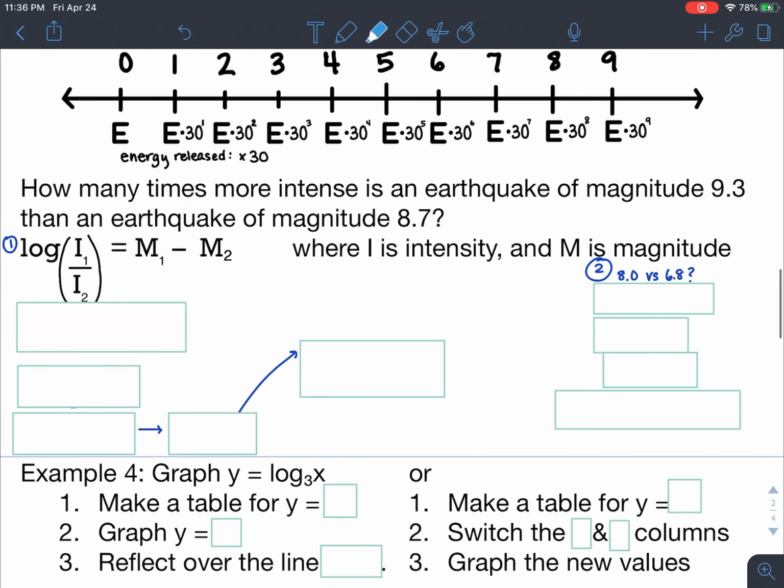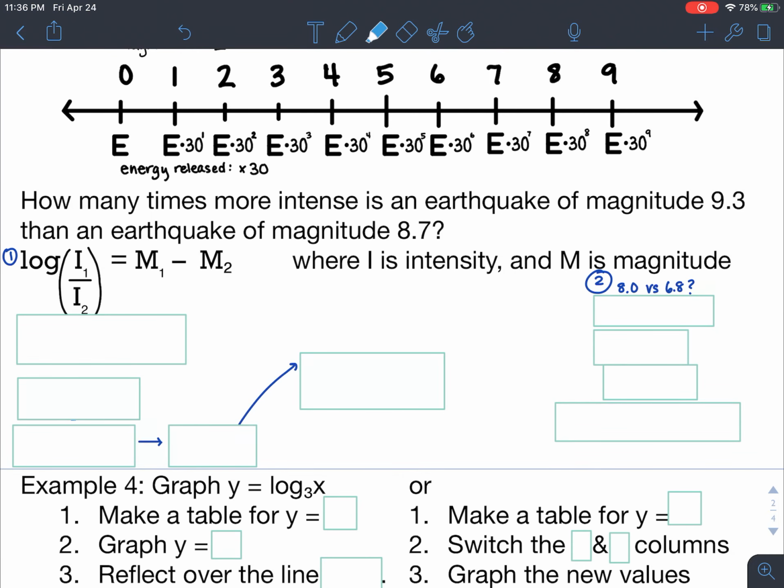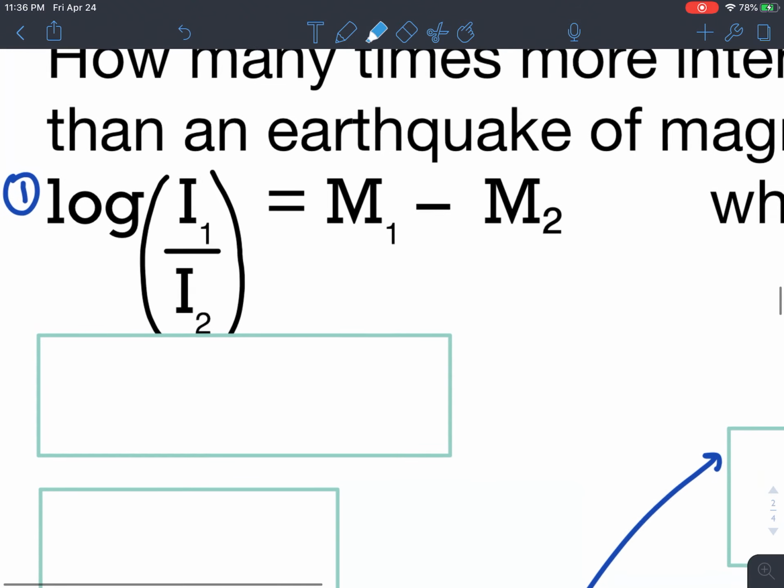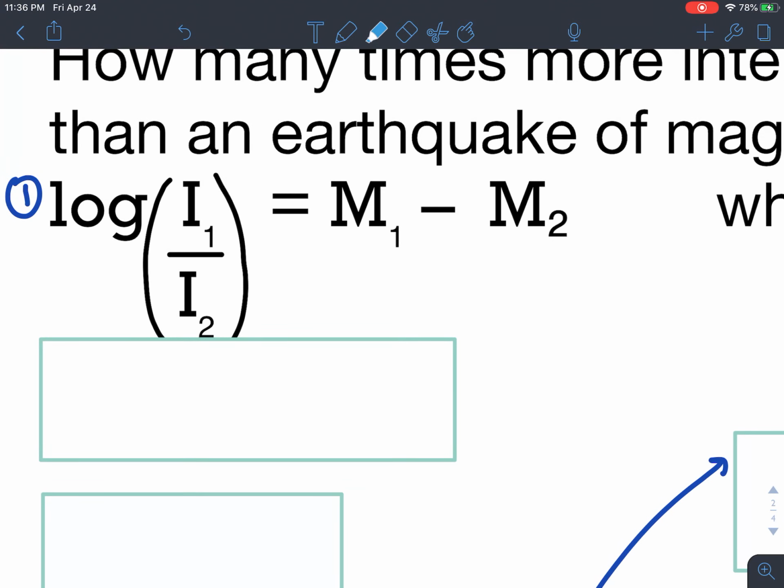Okay, so here's some examples. How many times more intense is an earthquake of magnitude 9.3 than an earthquake of magnitude 8.7? And I'm giving you this formula to convert magnitude to intensity.